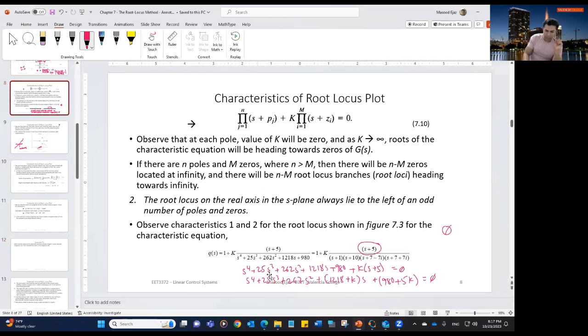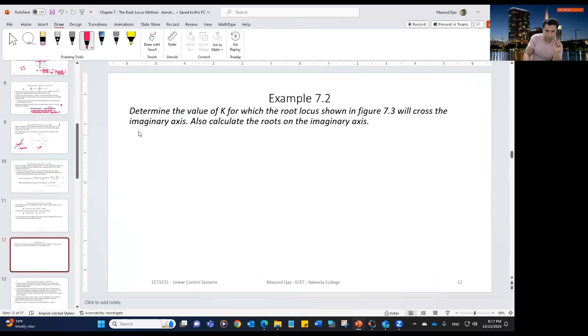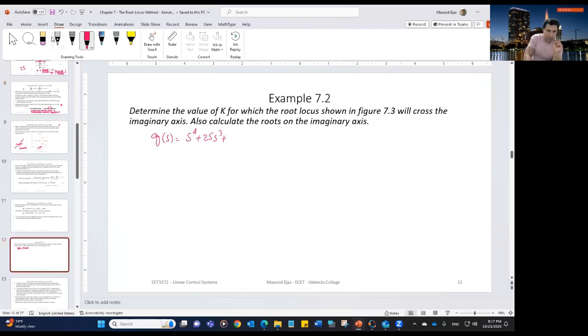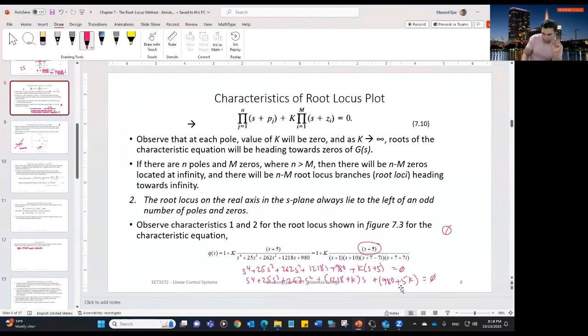We have this equation: S^4 plus 25S^3 plus 262S^2 plus (1218 plus K)S plus 980 plus 5K.